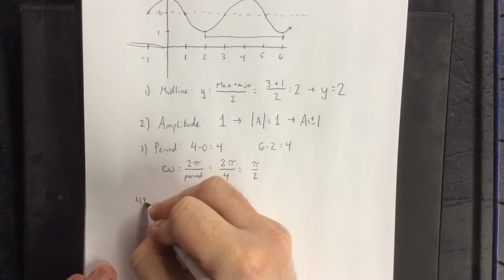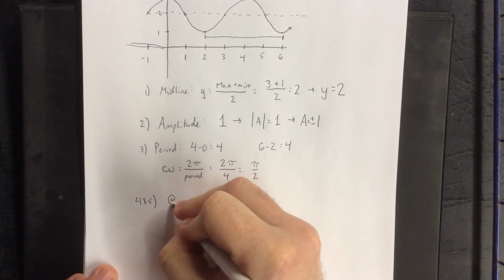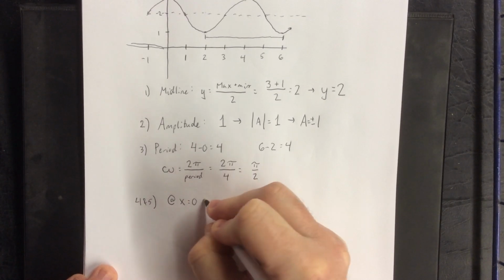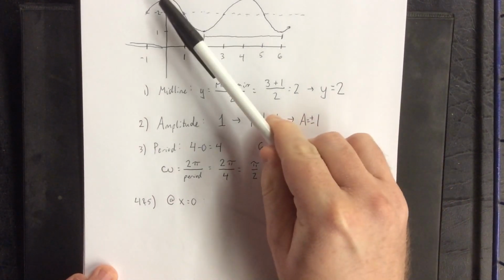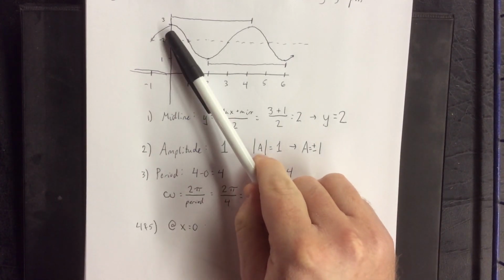And I guess technically this is part 4 and 5. But determine the mother function, as well as whether a is positive or negative, is determined by what's going on at x equals 0. At x equals 0, I would describe this point using, we are at a local maximum.